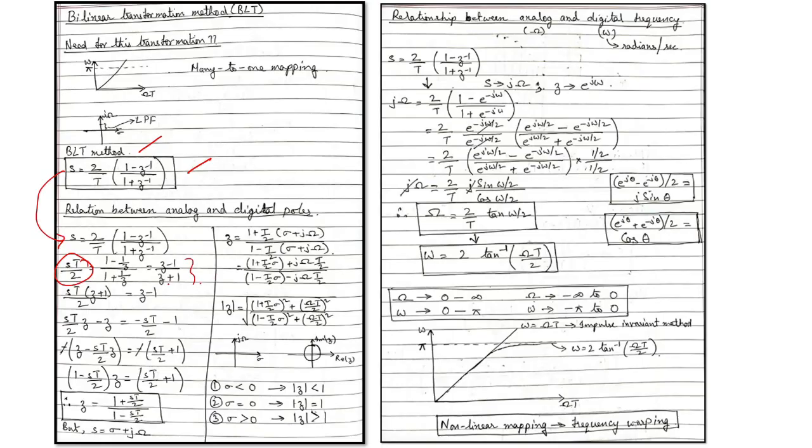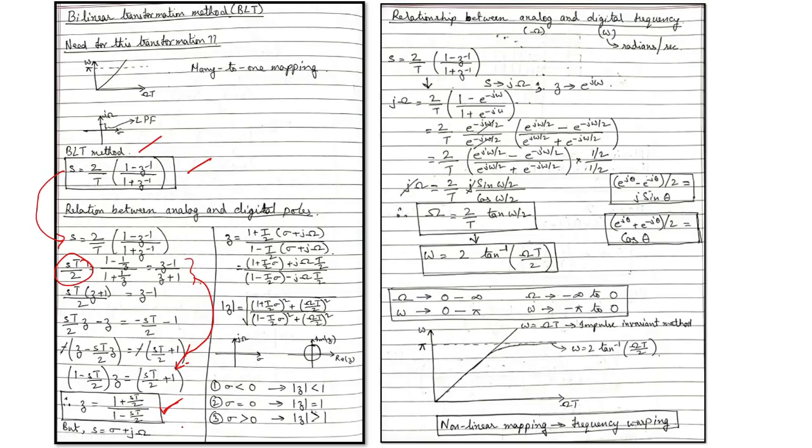Further, when you solve it, we get 1 minus sT by 2 multiplied by z is equal to sT by 2 plus 1, which gives z equal to 1 plus sT by 2 divided by 1 minus sT by 2.